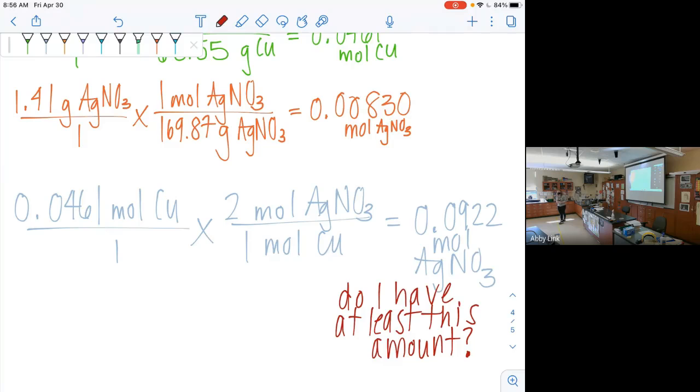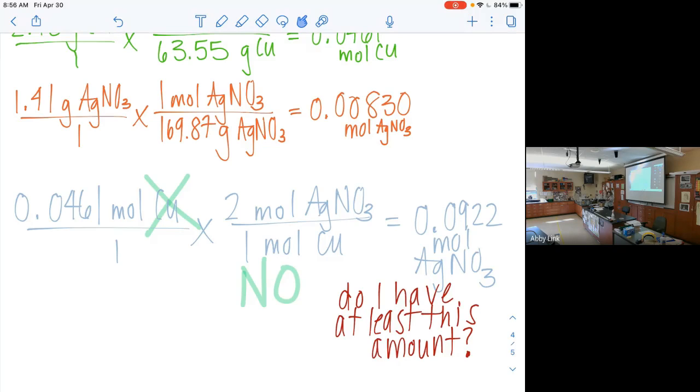Do I? No, I have 0.00830 moles of silver nitrate. That's a heck of a lot less than this 0.09. So my answer to that question is no. So that means copper cannot be my limiting reactant.